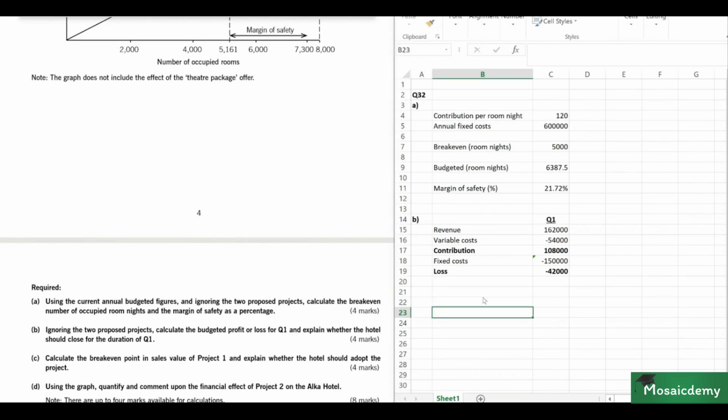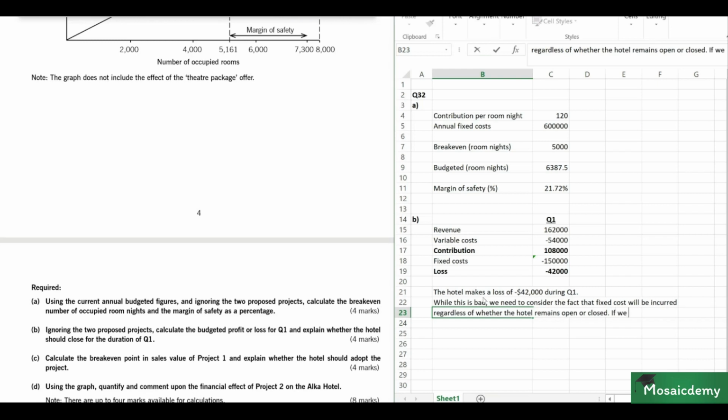So the hotel makes a loss of minus 42,000 during Q1. Let's just move this up a bit. While this is bad, we need to consider the fact that fixed cost will be incurred regardless of whether the hotel remains open or closed.